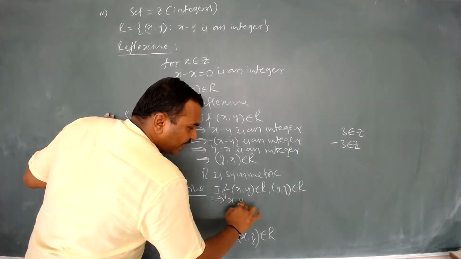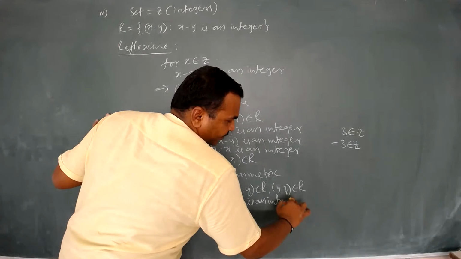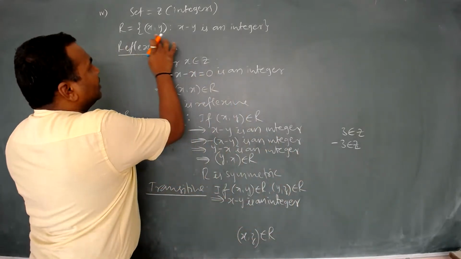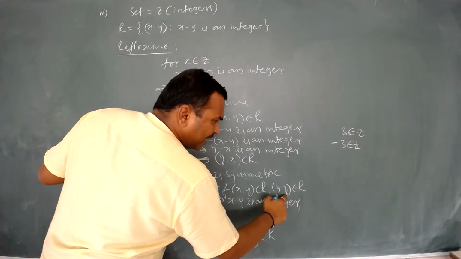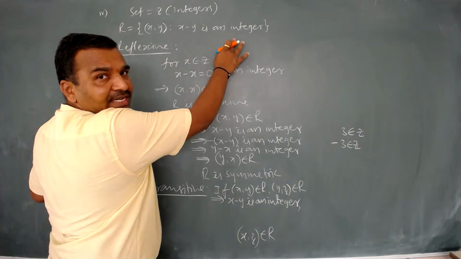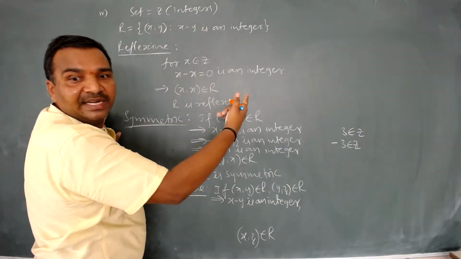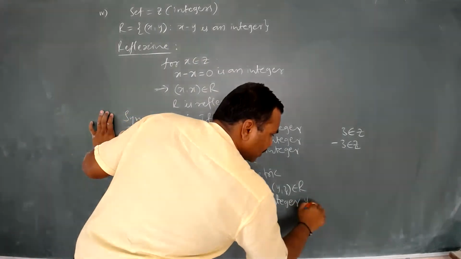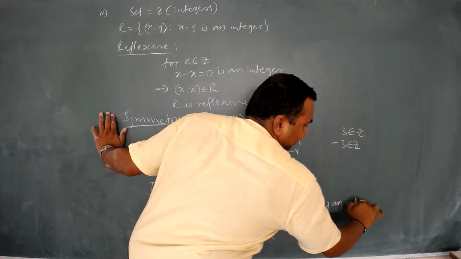From the definition, x minus y is an integer. Next, y comma z belongs to R means y minus z is an integer.